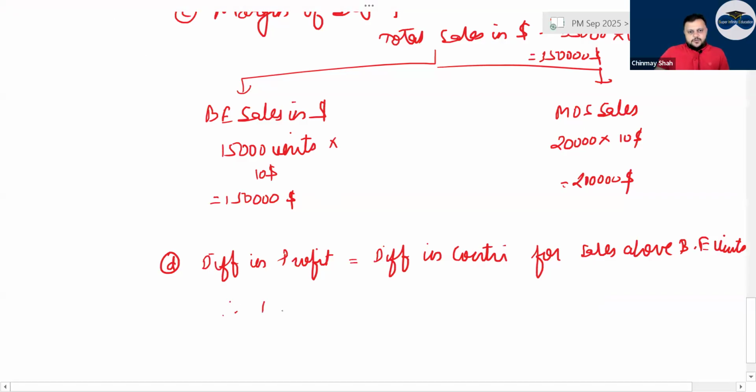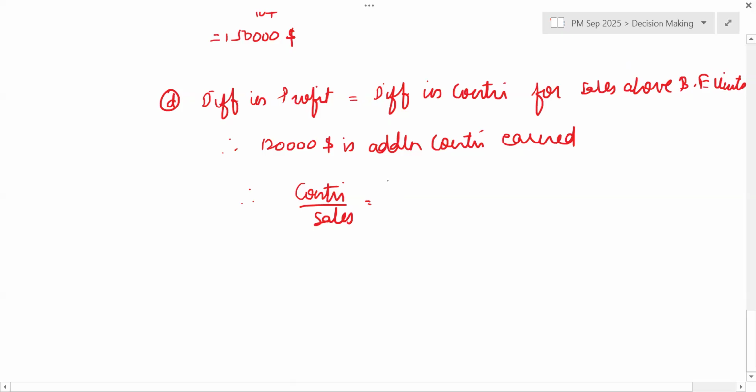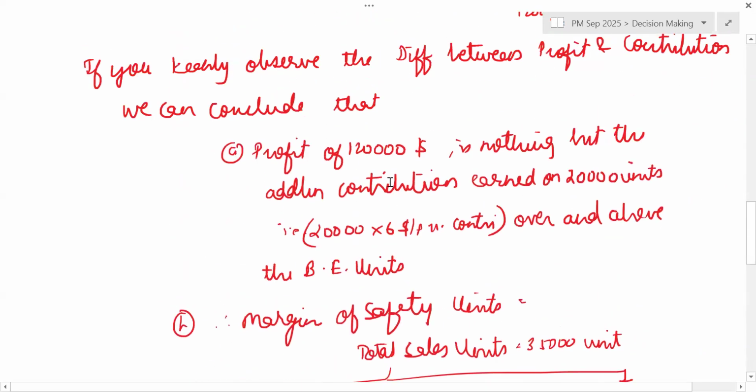Therefore 120,000 is the additional contribution earned. Therefore, contribution by sales ratio is how much? Go up in the question. Contribution by sales ratio is 0.6. Go up, yes, 0.6 correct.